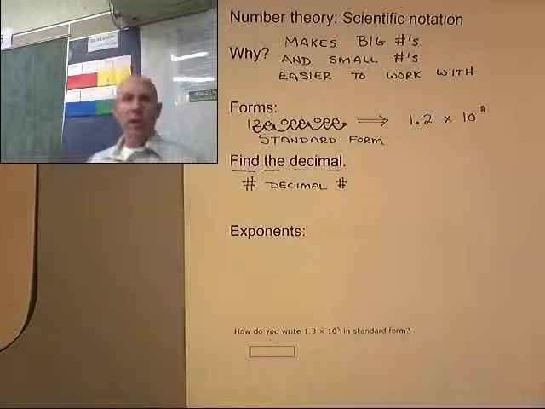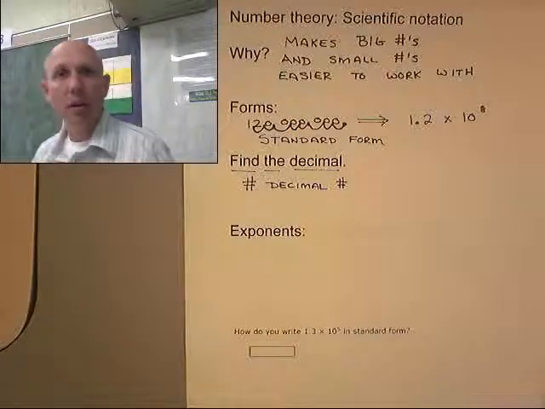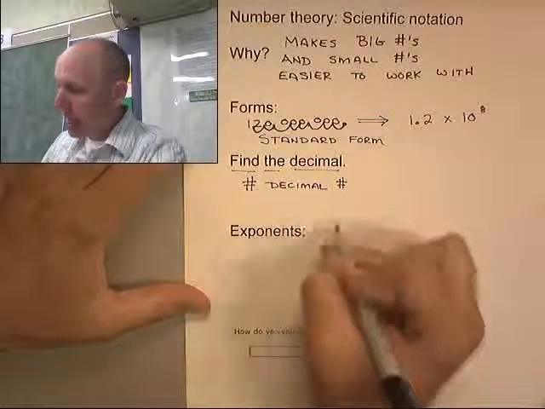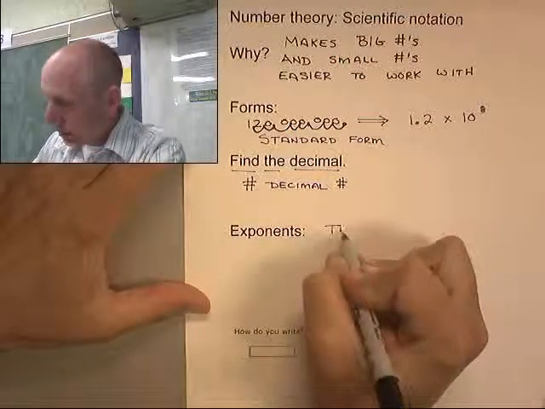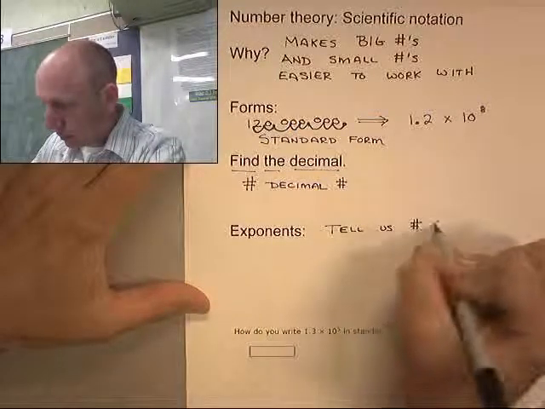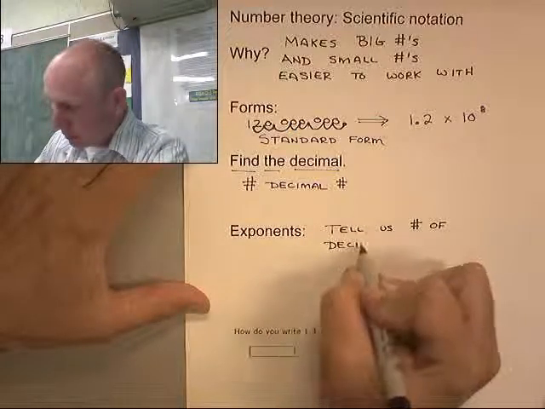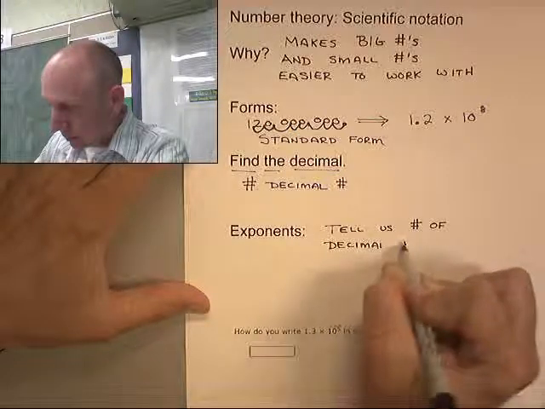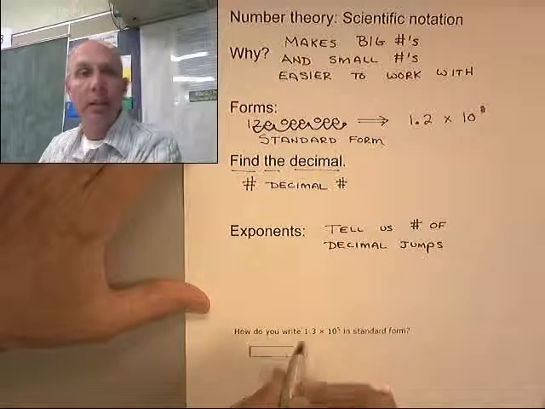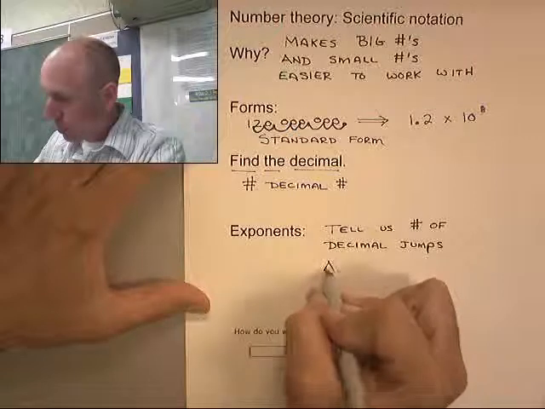The exponent tells us a couple things. It tells us how many jumps were made, and it also tells us in what direction. The exponents tell us the number of decimal jumps, and it also tells us the direction.